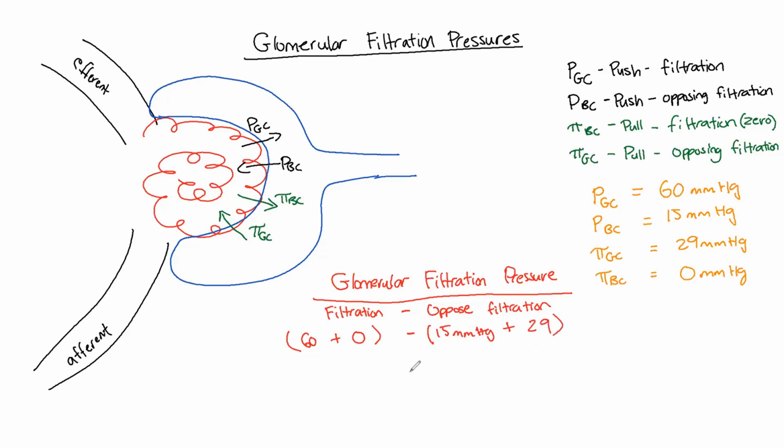So we're going to have 60 on this end, minus 15 plus 29, which is 44. Right away, without even doing the math, we know the filtration forces are bigger, so this favors filtration. But even just doing this math, 60 minus 44 gives us 16 millimeters of mercury. Because this is a positive value, we also know that we're favoring filtration.